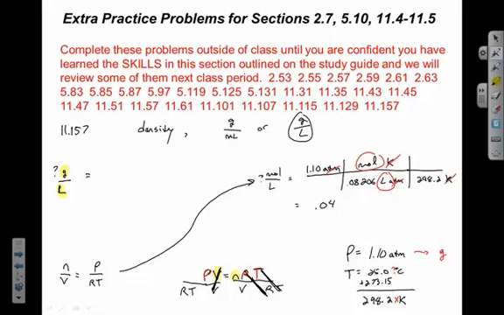I've got 3 sig figs, and I'll keep an extra sig fig for now because I don't want to round until the very end anyway. So that's the number of moles per liter. So if I want grams per liter, that's what I'll start with. Then I just have to convert the moles into grams.